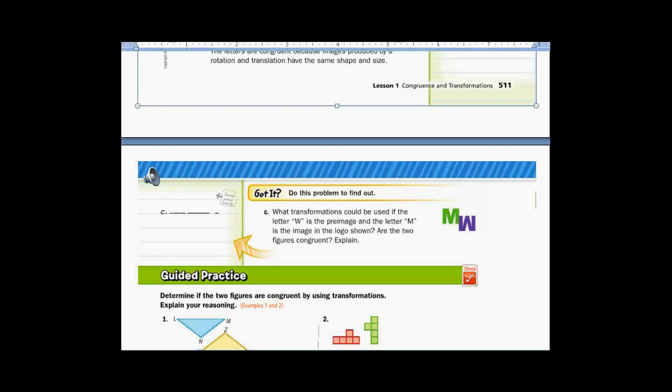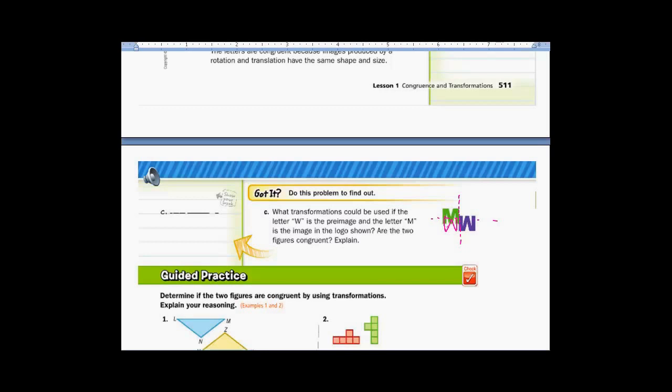Couldn't you also reflect it over this imaginary line, which would give you something that looks like this? And then could you not flip it again this way, flip it up and down and then maybe slide it down? That could be one. That's an answer.